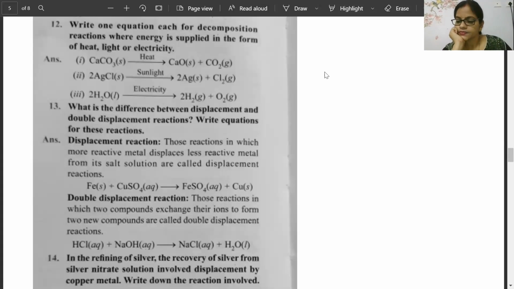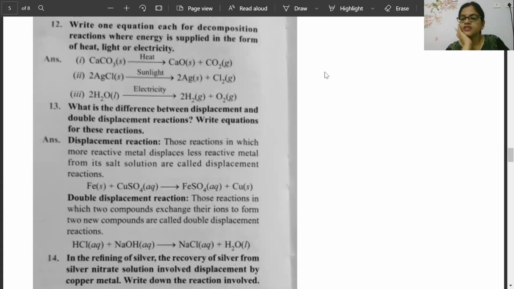Pavitra is telling 2 AgNO3, copper, nitrate. Fine.